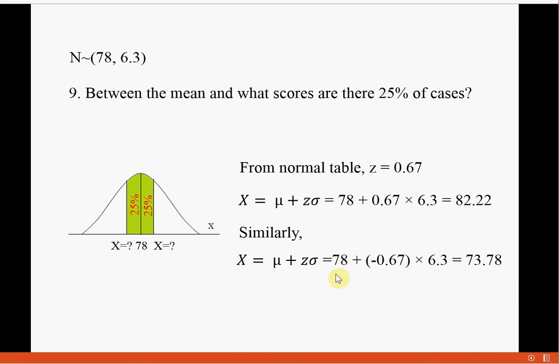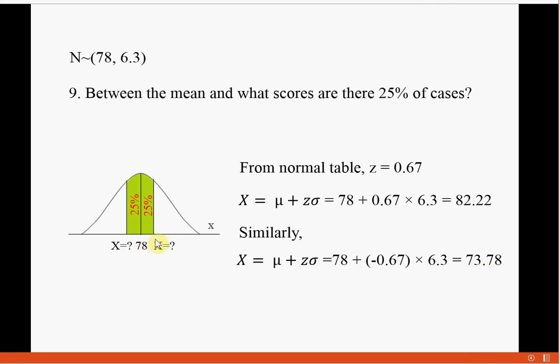And after you complete the calculation, you obtain the value 73.78. Now, the way to check this result is very easy. This value is below the mean, so it has to be smaller than 78, and it gives us 73.78.